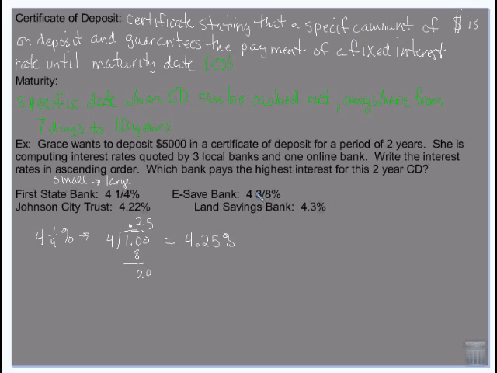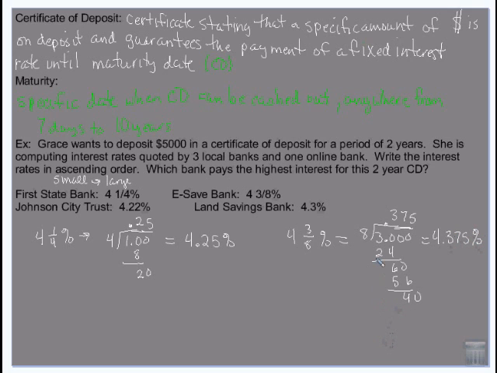And then E-save is 4 3/8. 8 goes into 3 no times, into 30 3 times, into 60 7 times, and into 40 5 times. So this is 4.375%.